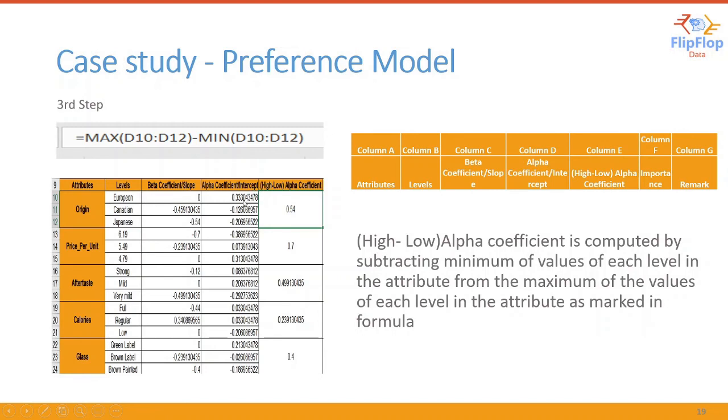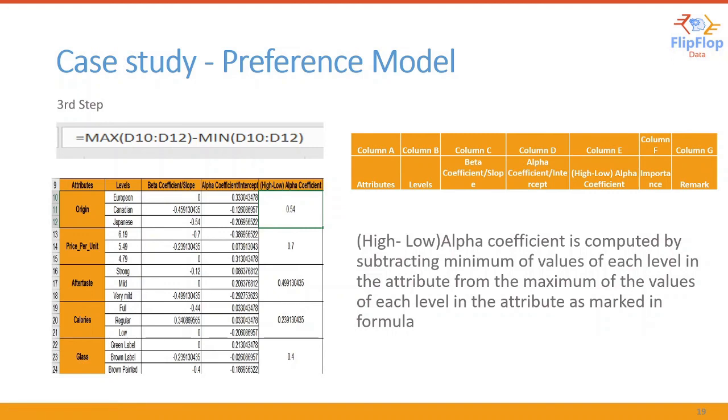So the maximum value within these three levels minus the minimum value, which is again this, minus 0.20. When we subtract this, we get the alpha coefficient range. Similarly, for the second attribute, that is price per unit, we do the same. Identify the maximum value and subtract the minimum value from the maximum value, and we get the alpha coefficient range.